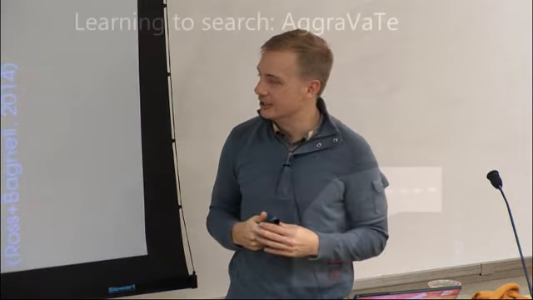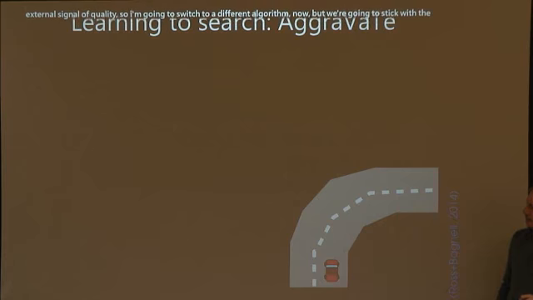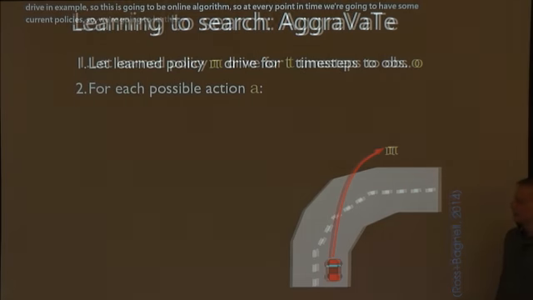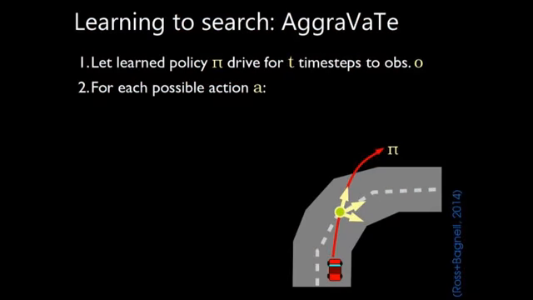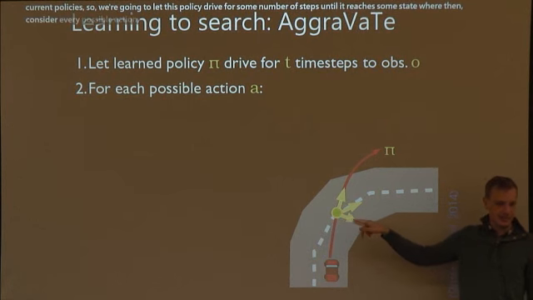I'm going to switch to a different algorithm now, but we're going to stick with the driving example. This is going to be an online algorithm. At every point in time, we're going to have some current policy. We let this policy drive for some number of steps until it reaches some state. We then consider every possible action that could be taken at the state.